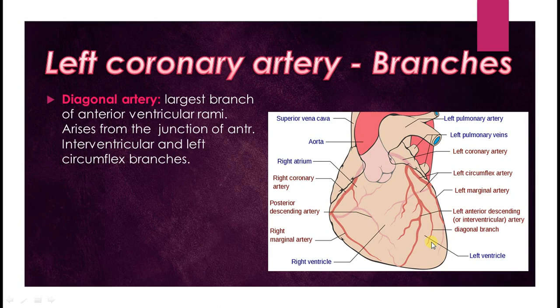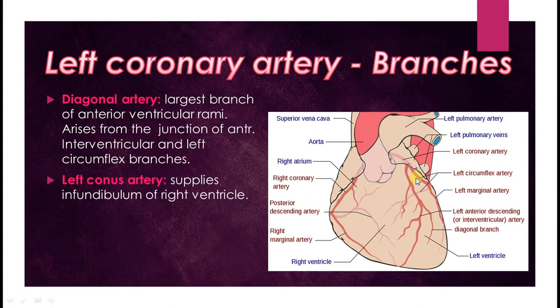It arises from the junction of the anterior interventricular and circumflex branches. Sometimes it might arise directly. In that case, the left coronary artery, instead of bifurcating, might trifurcate, dividing into 3 branches, with the diagonal branch arising directly from the trunk.